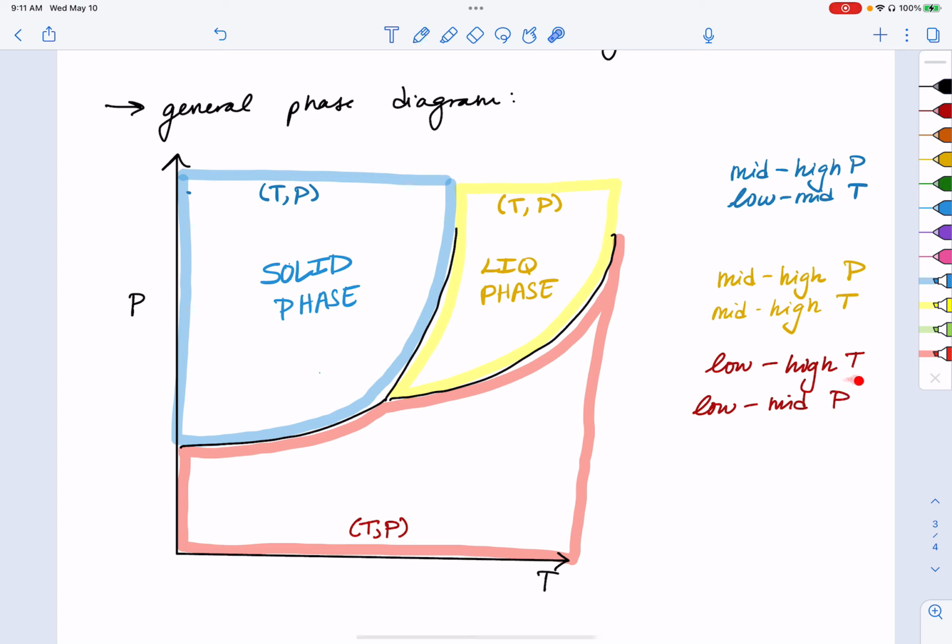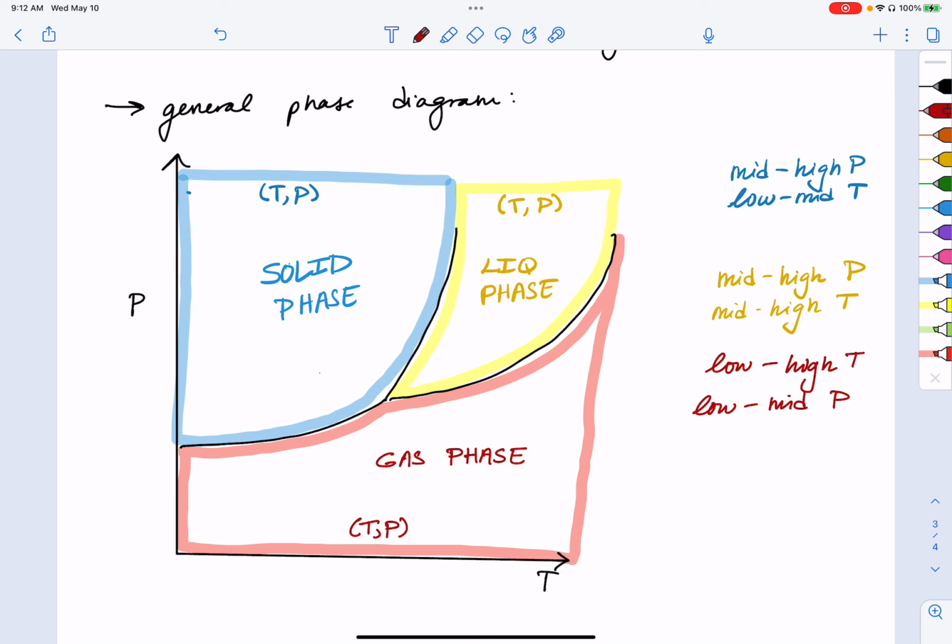We have enough thermal energy to keep our substance's molecules in motion, but we do not have so much pressure being exerted on our substance that those molecules are forced to stick together. This is going to be our gaseous phase. And so in each of these regions on the graph is where we see the three distinct phases.